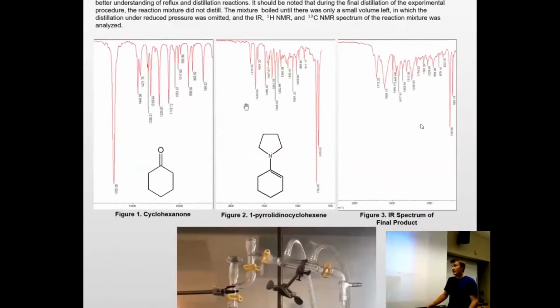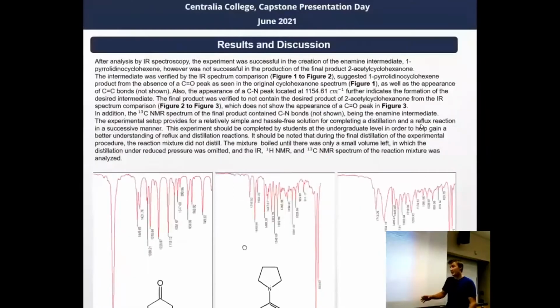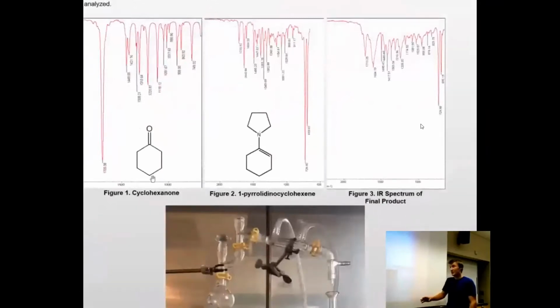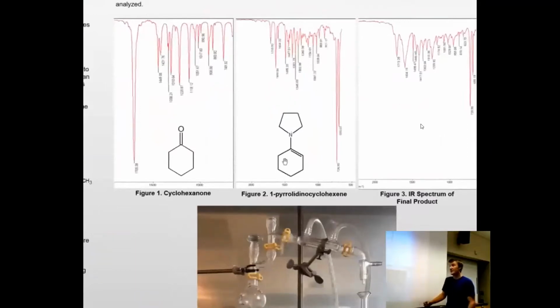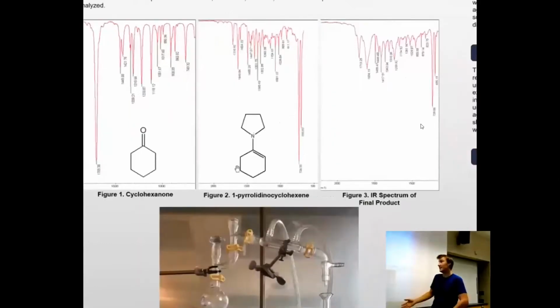And then going into the discussion, for the first part of the reaction, I was able to see that I did in fact create my enamine intermediate, because in the starting material cyclohexanone, the C=O peak that was here disappeared for the enamine intermediate, so that was instant gratification towards that intermediate formation, in addition to C=C bonds which were not shown in this graph.